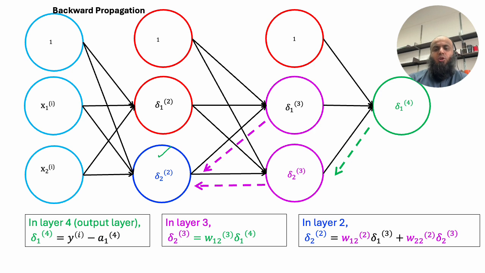So this one is W12 and this one is W22, with superscript 2. This error is computed as a weighted sum of the errors from layer number 3. And we don't have any computation for delta 1 because we are not going to change the input values, so we don't compute any delta 1.